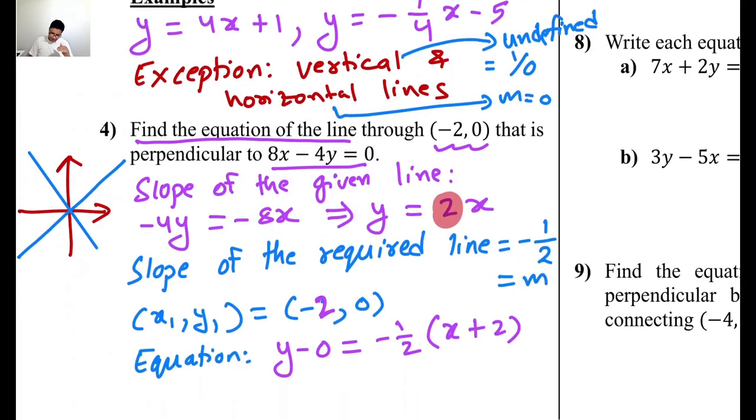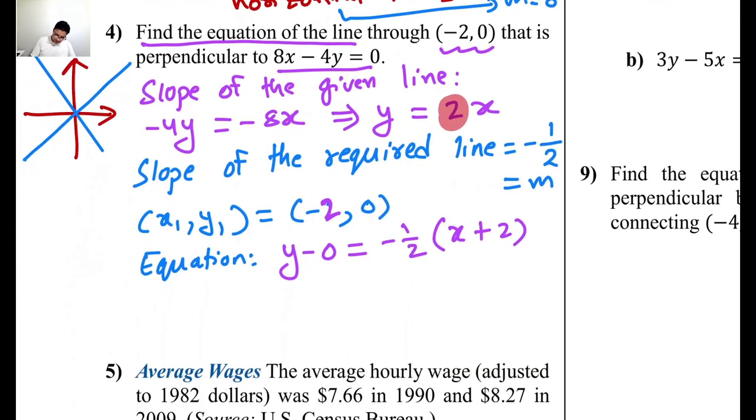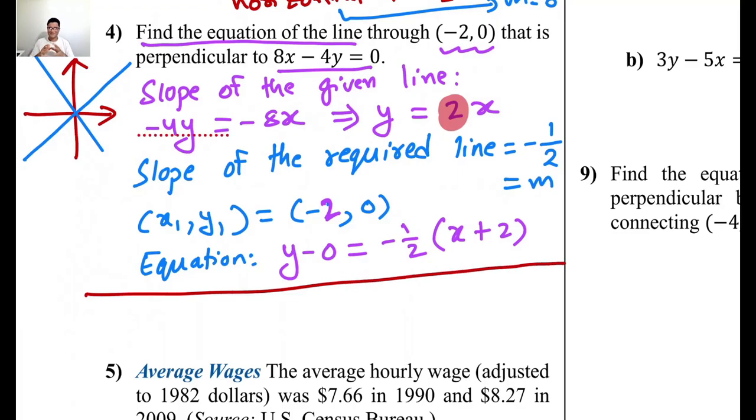There is a little bit more space here, so I will use the opportunity to talk about a concept: perpendicular lines have negative reciprocal slopes.